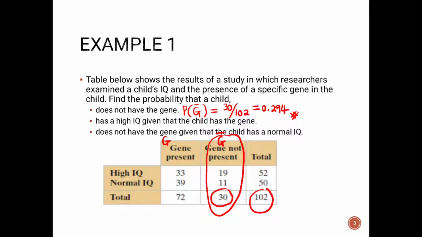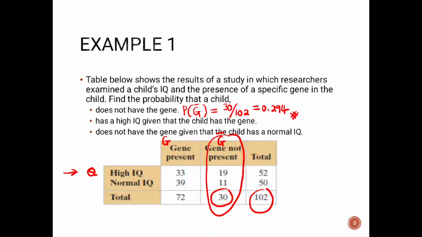In the next question, find the probability that a child has a high IQ given that the child has the gene. To answer that, let's rename this row as HQ for high IQ, and normal Q for normal IQ.